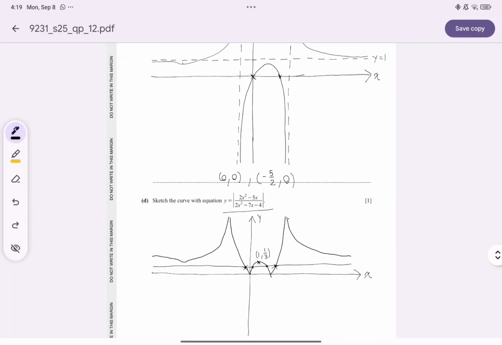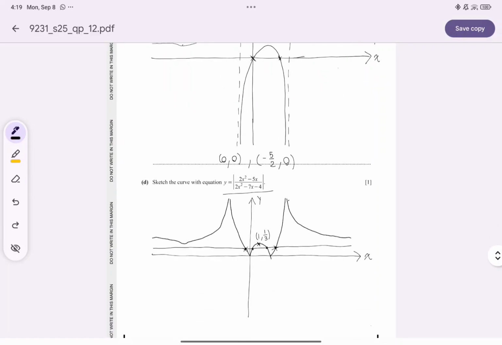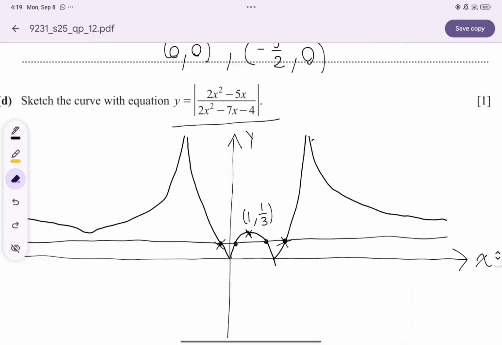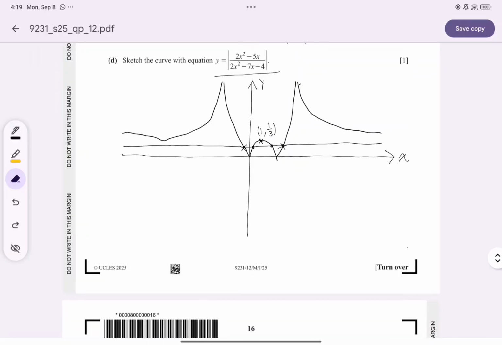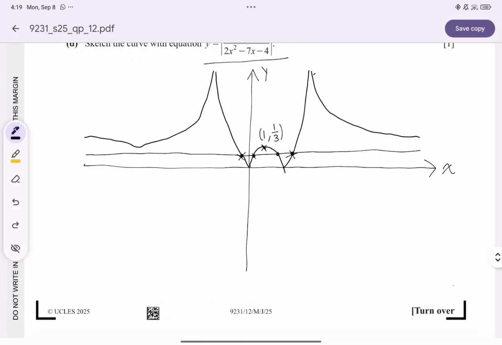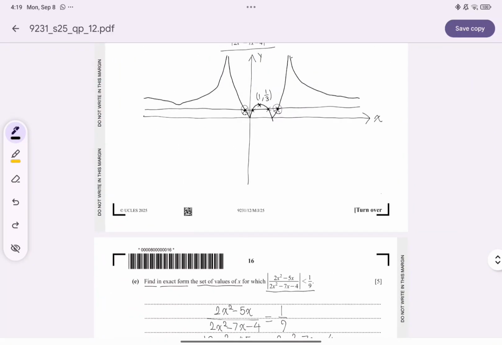Sorry, never mind. The previous 2 points that we found were actually these points that I have not crossed. So now we're going to find these 2 points that I have circled.